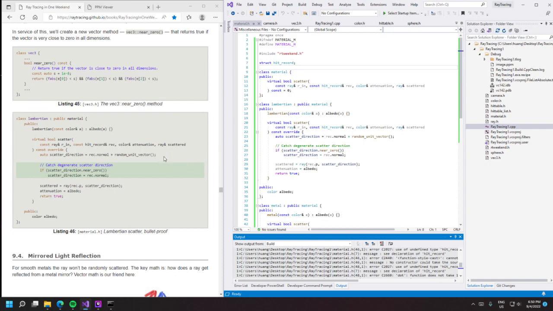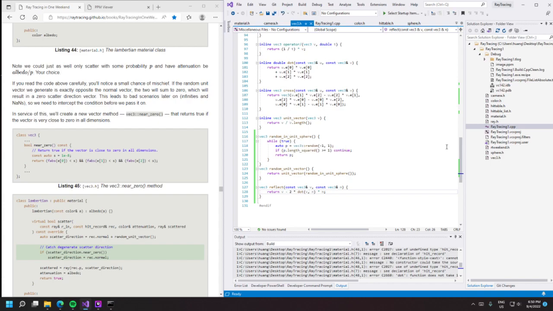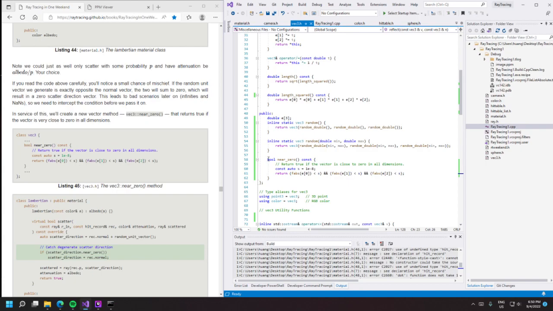And the random unit vector, that is right. And the Vec3 has a near zero method. This is a near zero method and returns true if the vector is close to 0 in all dimensions.